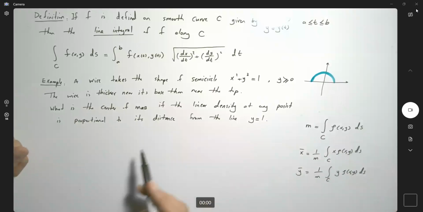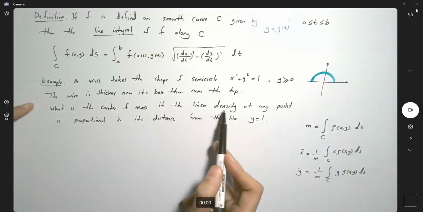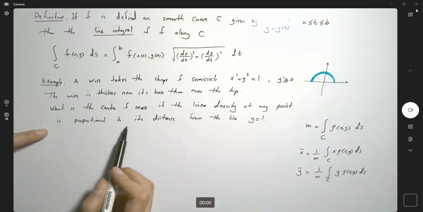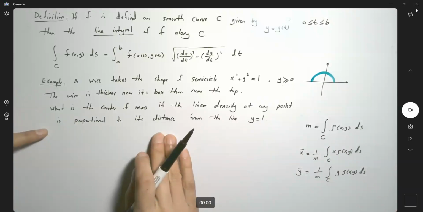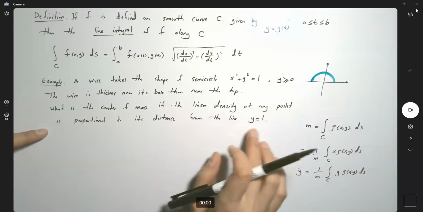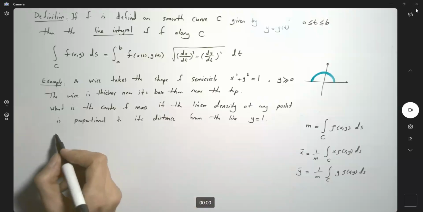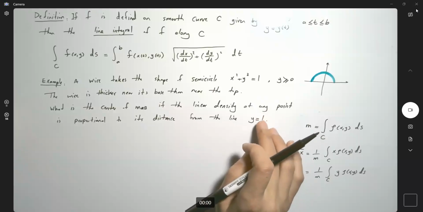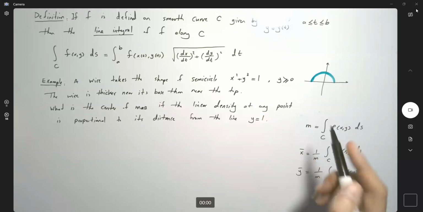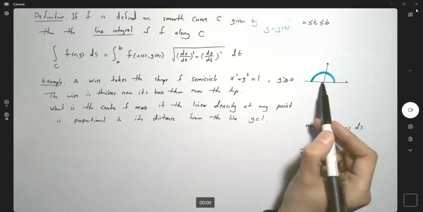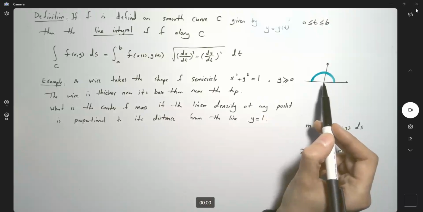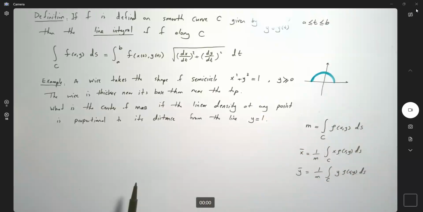So let us try to build rho. We know that at any point it is proportional to its distance from the line y equals 1. Note that if it was y equals 0, or just the x-axis, it would be just k, the constant of proportionality.